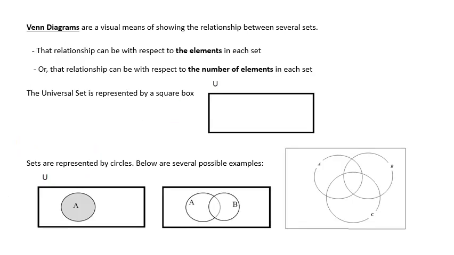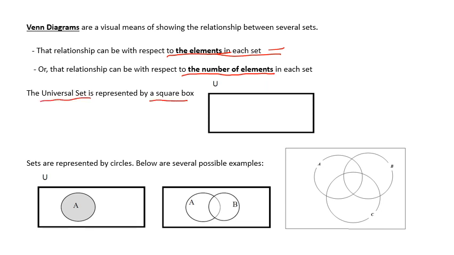Venn diagrams are visual means of showing the relationship between several sets. That relationship can be with respect to the elements of each set, or that relationship can be with respect to the number of elements in each set. Now we're going to start with the universal set, and it's going to be represented by a square box.